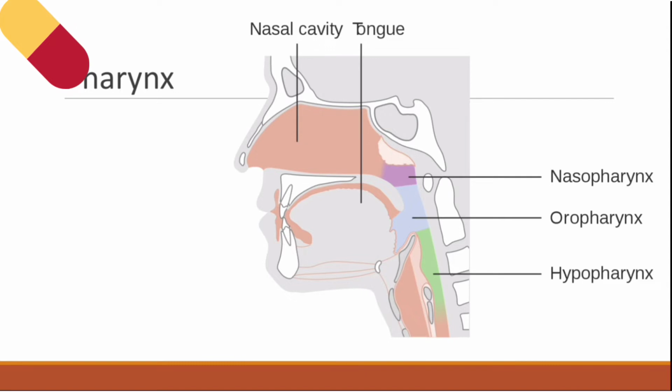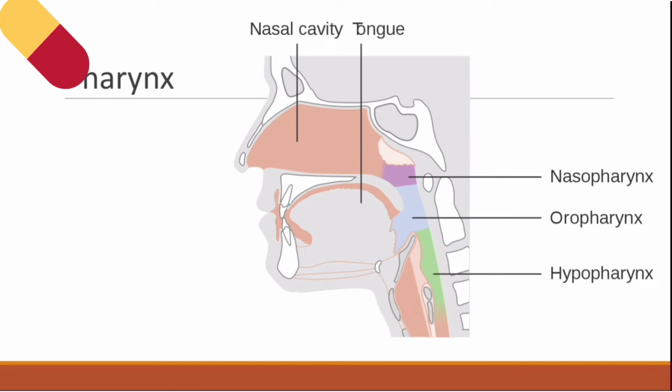Now the part in purple you see is called the nasopharynx. This is the part which lies behind the nasal cavity. The second part of the pharynx is called the oropharynx, which is the part in blue which lies behind the oral cavity. And the third is called the hypopharynx, which lies behind the larynx, which is in green color.